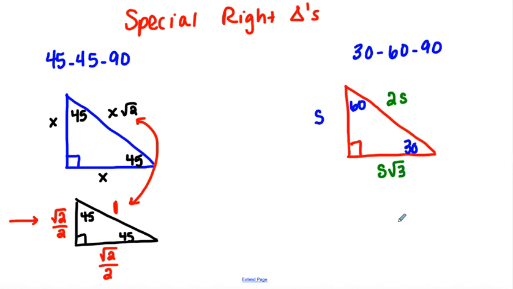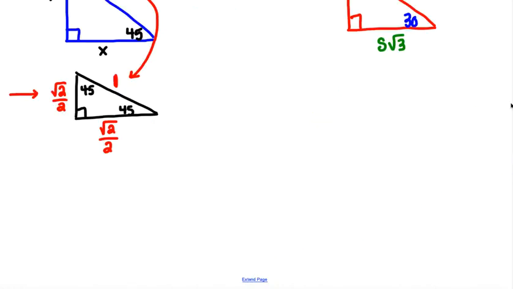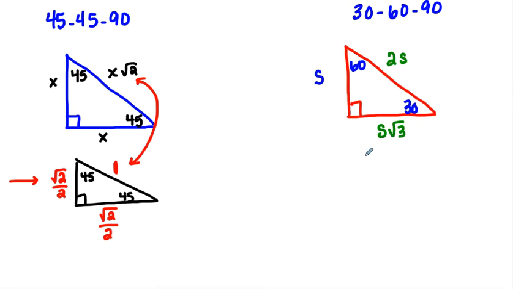Now we're going to try this again in a 30-60-90 triangle. Here's my 30, here's my 90, and here's my 60, and I'm going to try this with a hypotenuse of 1. If the hypotenuse is 1, then the short leg, the side opposite 30, would be half of that, so 1/2.